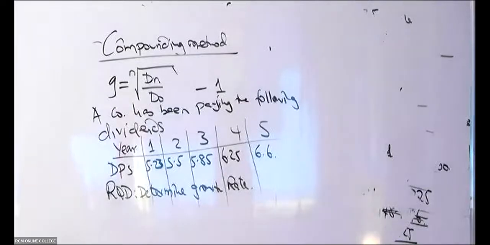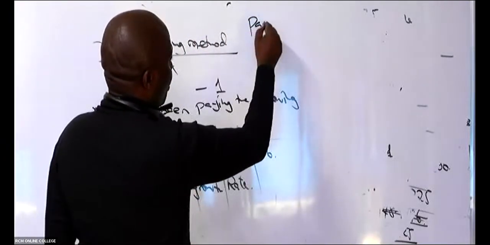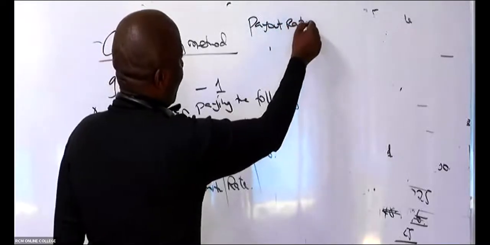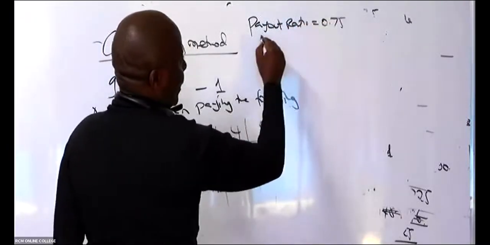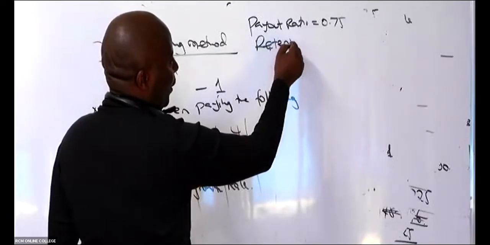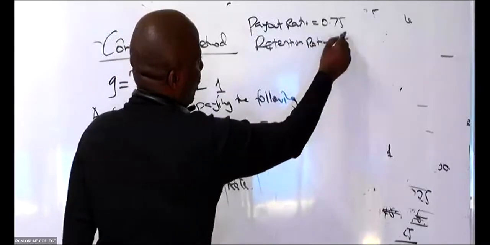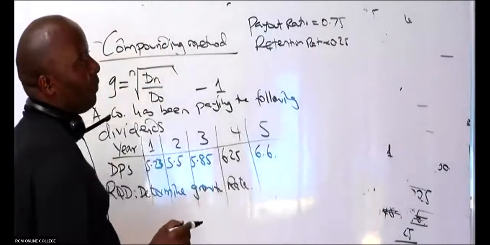Someone is lost on retention ratio. That's very easy, really. If you're told the payout ratio is 0.75, Hassan, how much is being retained? Retention ratio will be the opposite of this: 0.25.